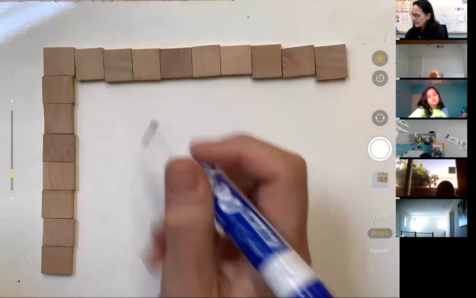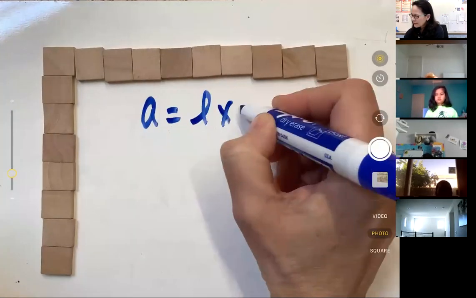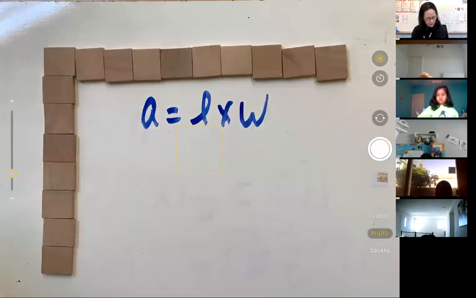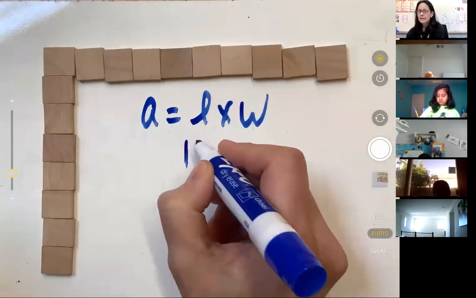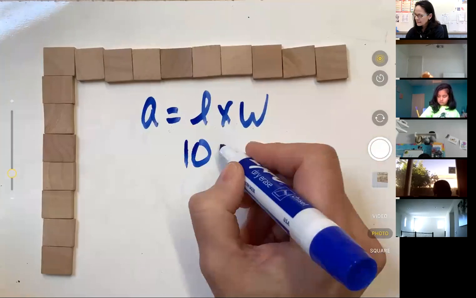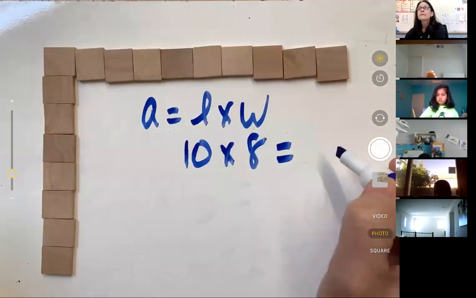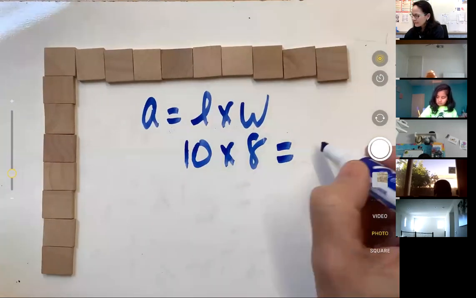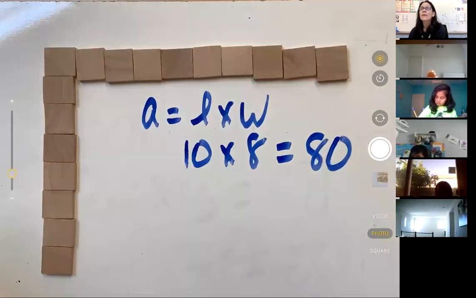Again, friends, it is area equals length times the width. We do know that for Suki, it is 10 feet long by 8 feet wide. We know that the product for this multiplication fact is 80, but we are not done because I am asking you for the area of this bedroom floor.